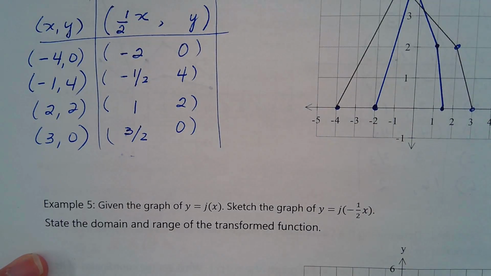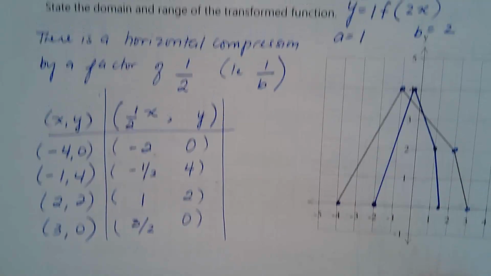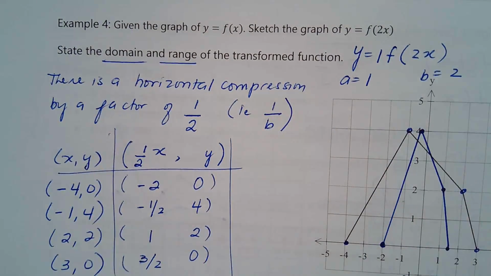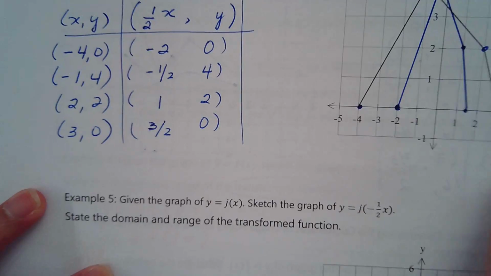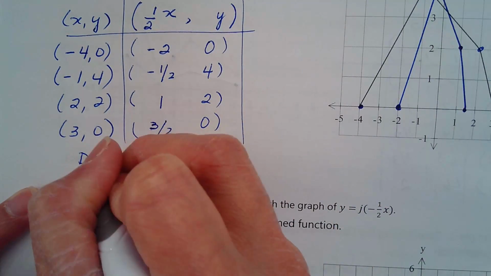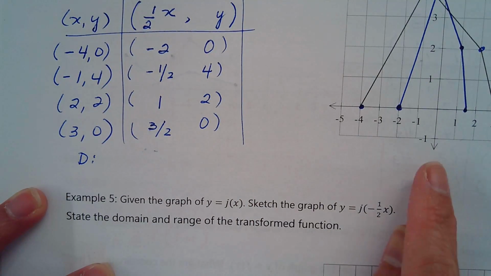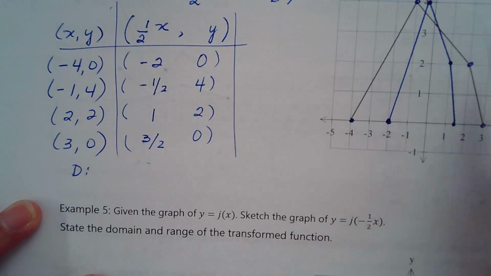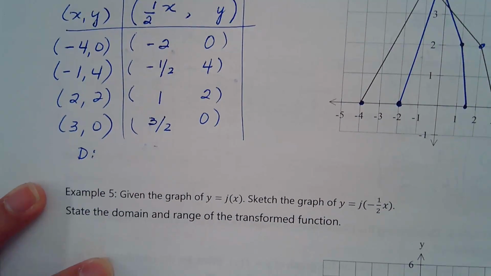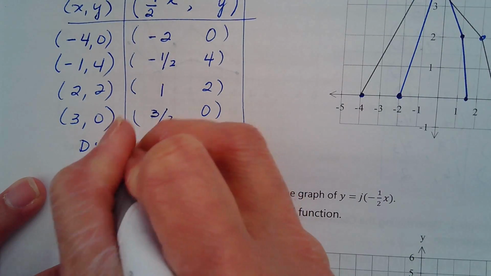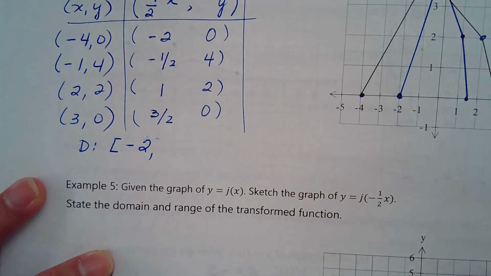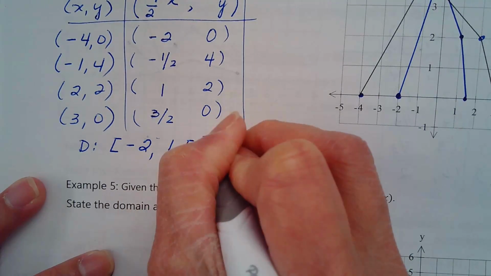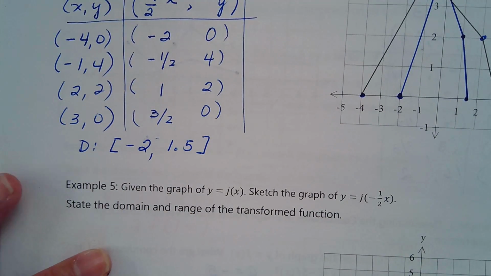Okay, while we're looking at this one, there's one more thing that we've got to do. It says here, state the domain and the range of this transformed function. What's the domain of the transformed function? So the new one that we made. -2 to 1.5, or if you want, you can do 3 halves.